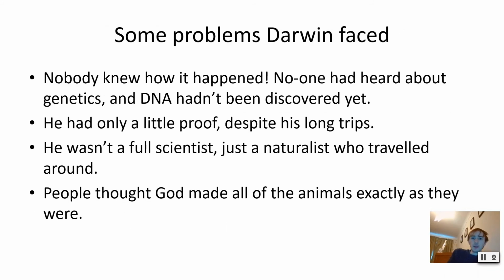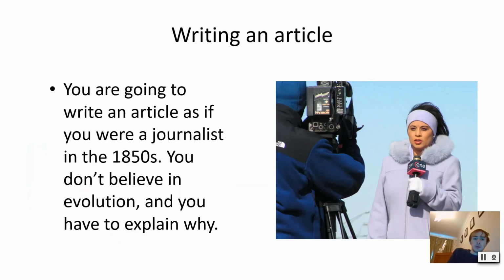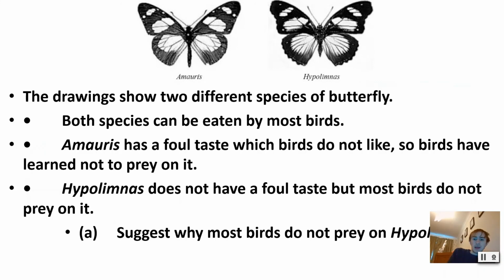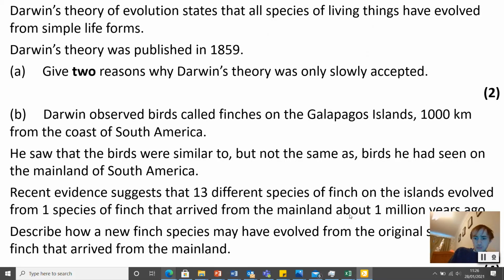Fine. Now, we're going to have a look at some questions on this. I'm actually not going to do these questions, I'm going to do a slightly different question, so I'll just pull that up. So there's a better question. Now this is linking what we did today with what we did last lesson.